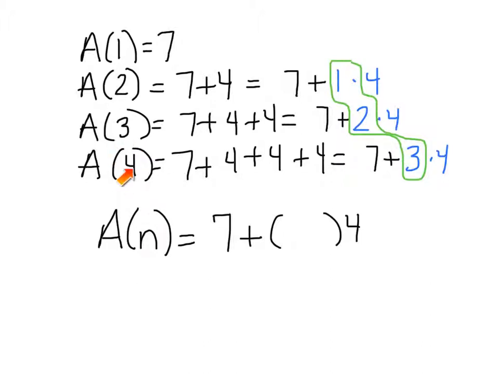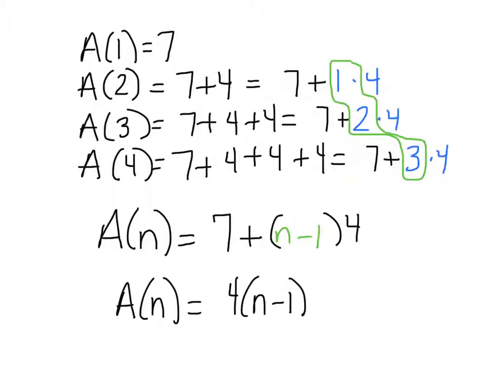When you plug in the fourth number, you get 3. So what are you doing with n, the number of the sequence? You're subtracting 1. 3 minus 1 is 2. 4 minus 1 is 3. 1 minus 1 is 0. There's none there. So your actual equation, or your function rule, would be 4 times n minus 1 plus 7.